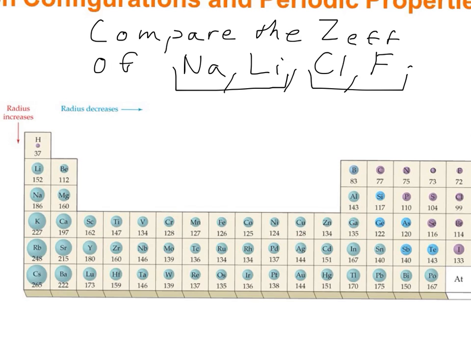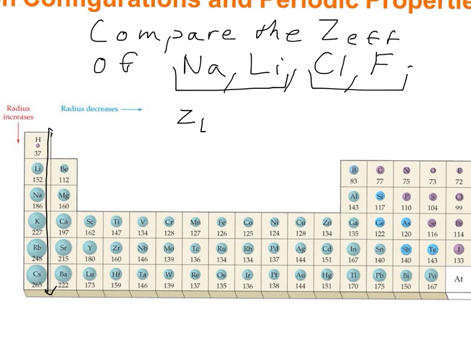As you go down a group, your number of core layers of electrons increases, and therefore the layers muting the effects of the nucleus has increased. So the effective nuclear charge decreases as you go down a group.